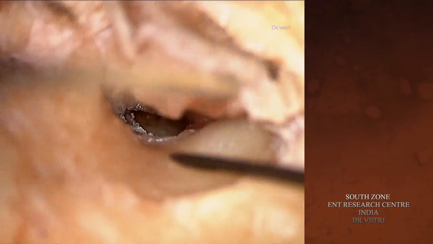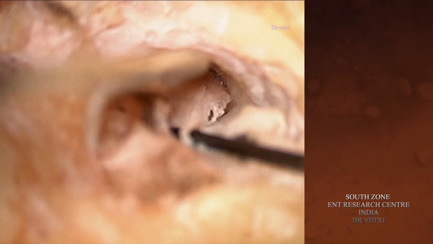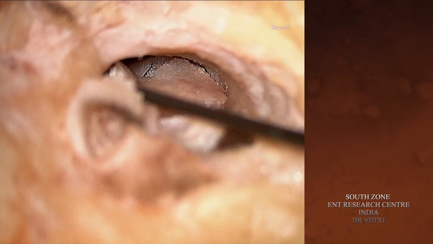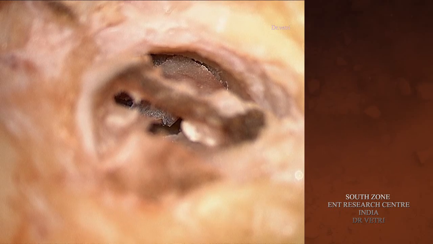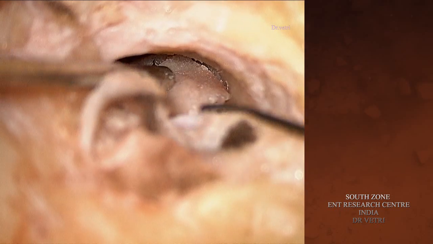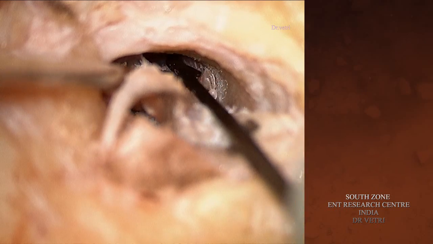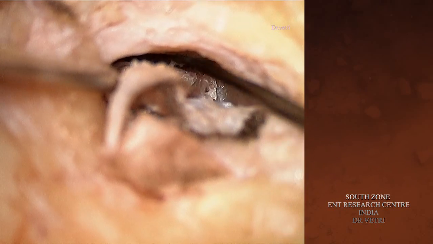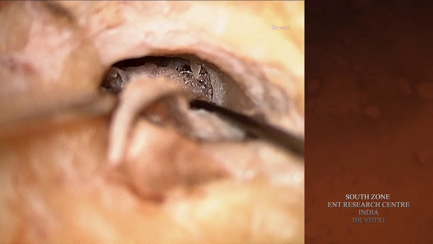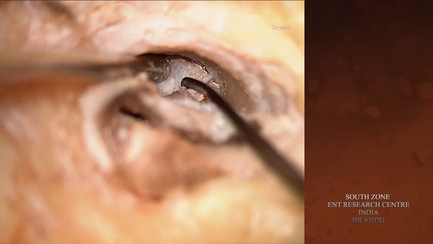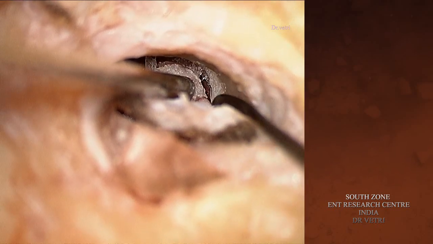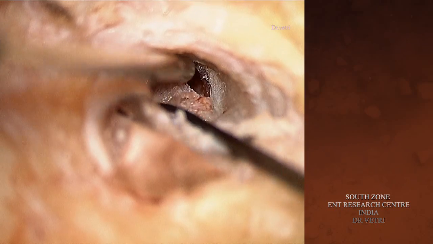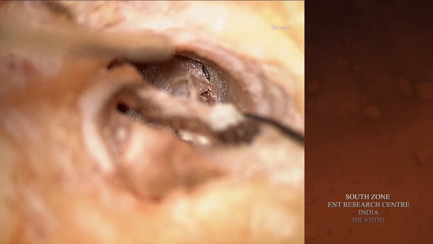And now the posterior skin flap is lifted. This is a cadaver skin, so it lacks the elasticity.